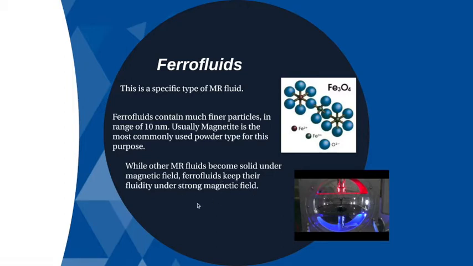So it can keep its fluidity under a strong magnetic field. Usually, in other cases, they become solids, but this specific ferrofluid is not. You can watch this video. This is a quite interesting experiment to see how ferrofluids work, but I will skip it this time. Okay, please watch it.